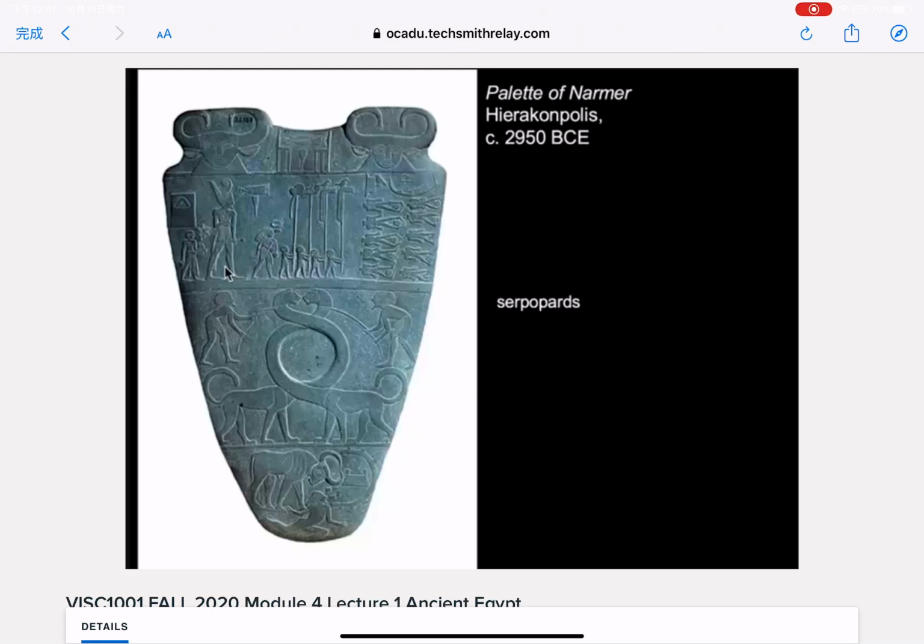And Narmer's arrival is heralded by a series of standard bearers. This is clearly a procession, and they're carrying military standards, essentially flags or other emblems that announce the king's arrival. And the procession is moving towards the right so that Narmer can inspect the decapitated bodies of his enemies.